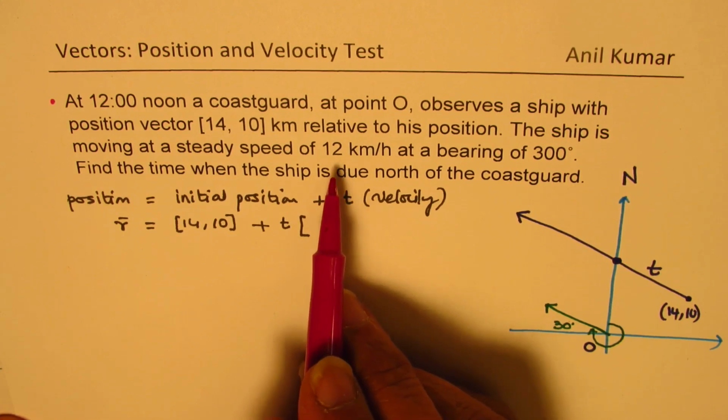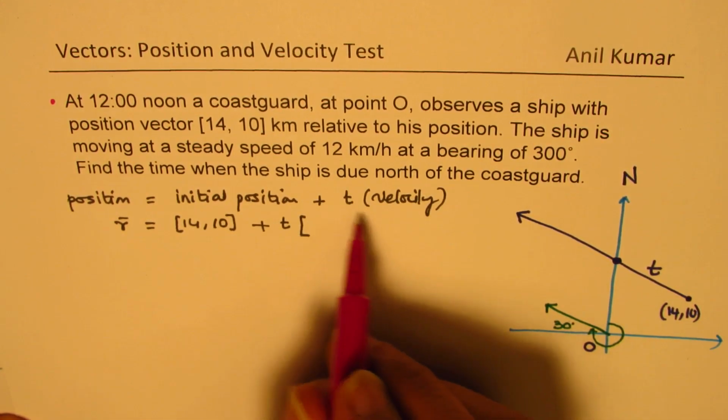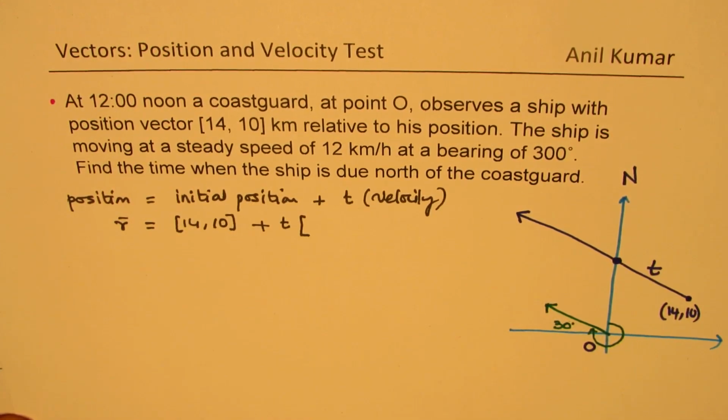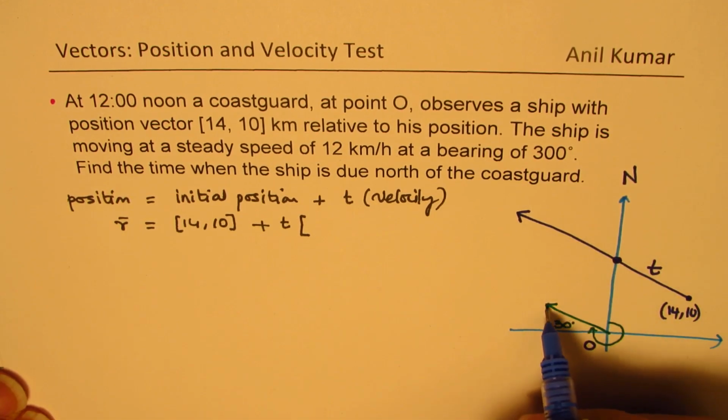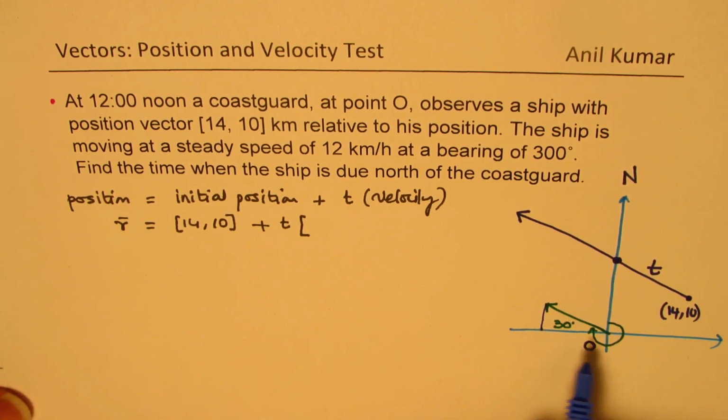We'll write this in the form of ai plus bj, because that's kind of important to us. So we have 12 kilometers. The i component will be cosine of 30 degrees, but negative.